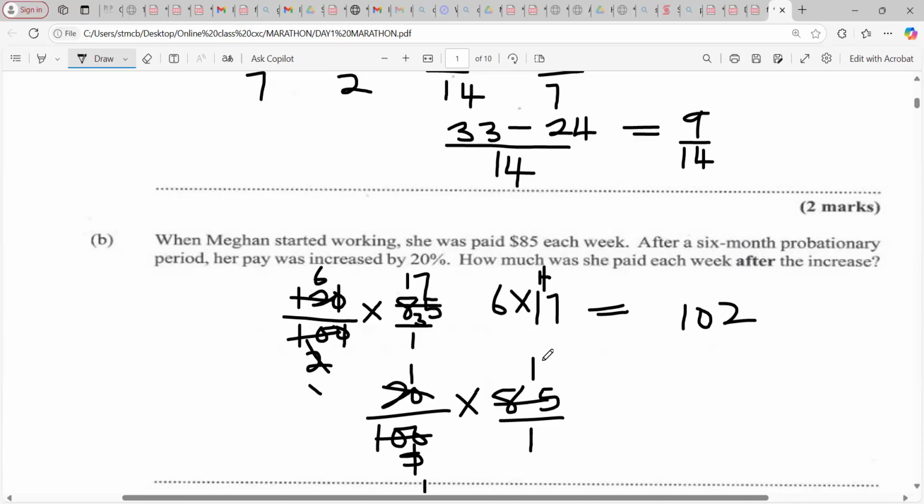So all we do now is add the 17 to the 85, because this represents the 20% more that the person will get. So 5 and 7 is 12, 2 carry the 1, and then 10. See, so you get the same answer.